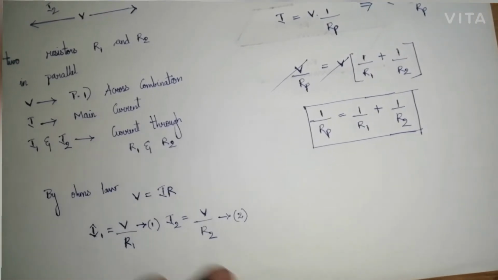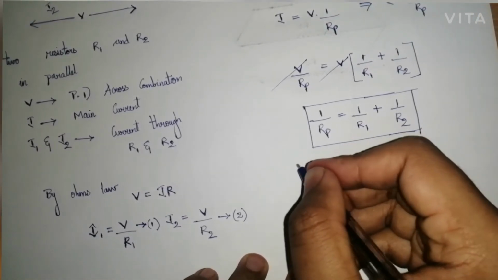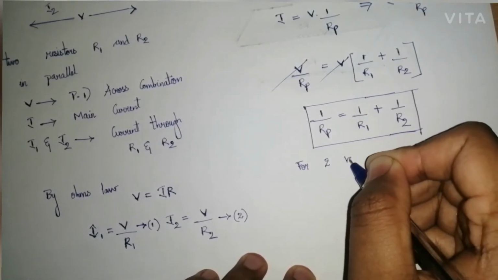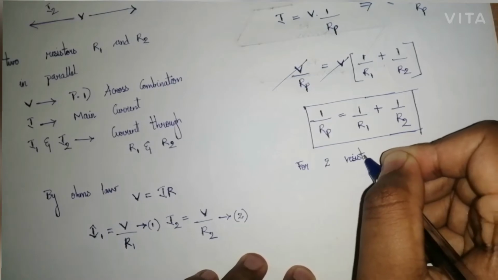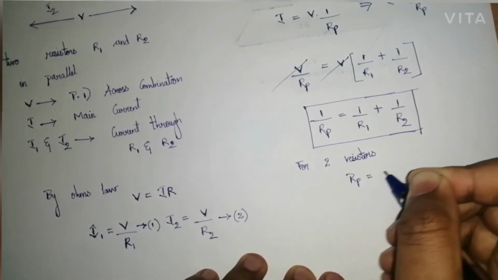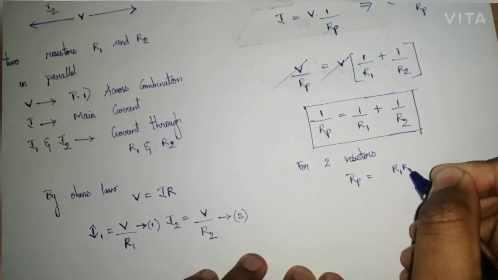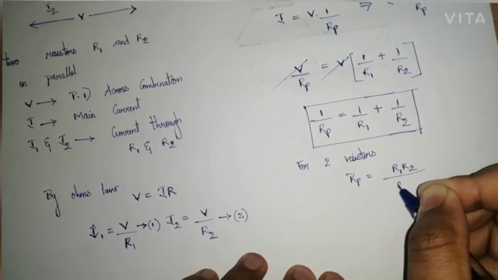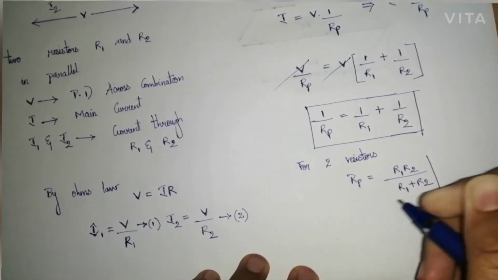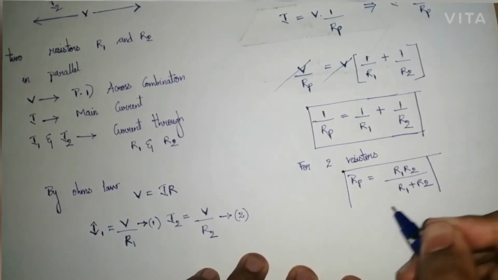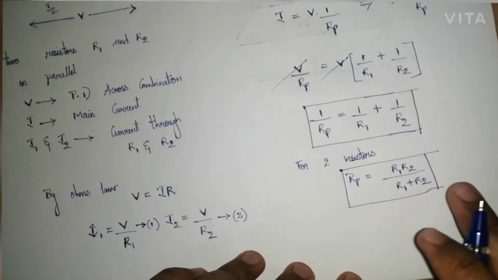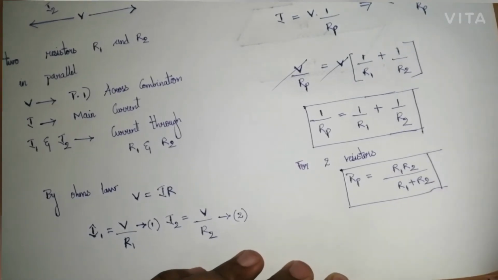And as you all know, when you cross multiply for two resistors, Rp can be written as R1 R2 divided by R1 plus R2. You will be knowing this. Just if you cross multiply, your Rp will become R1 into R2 by R1 plus R2.